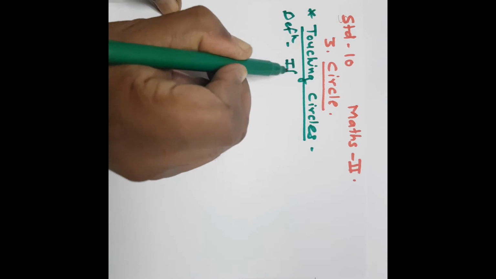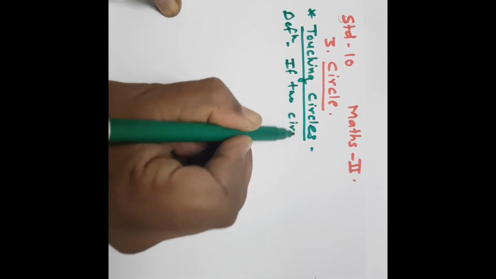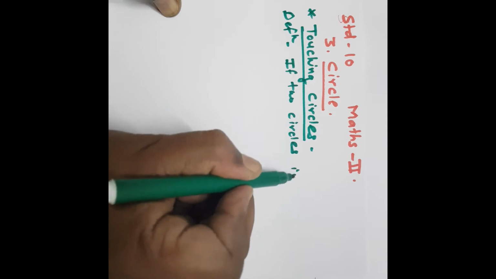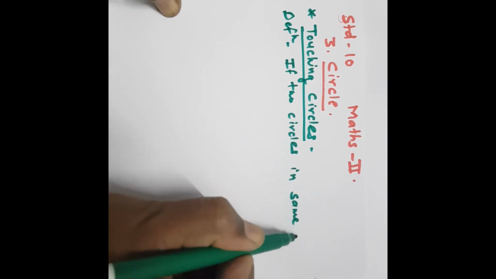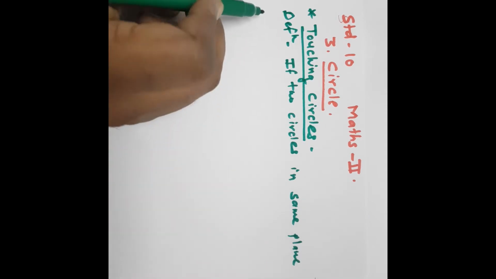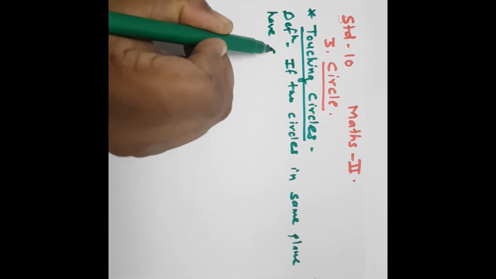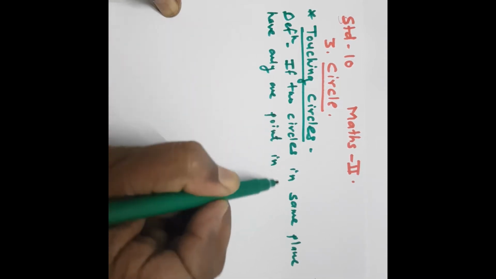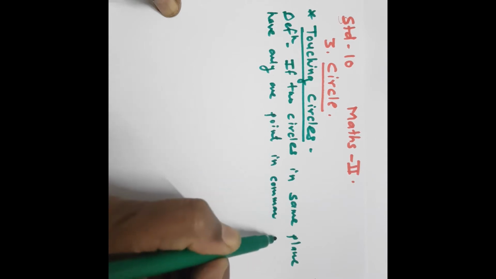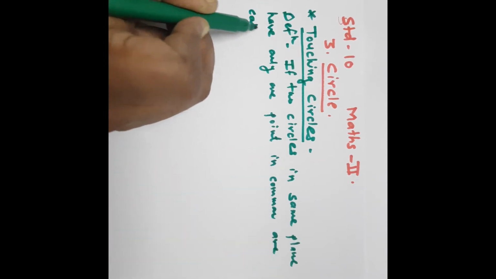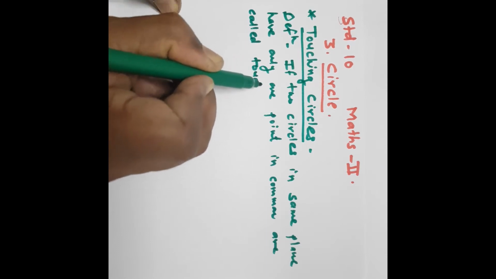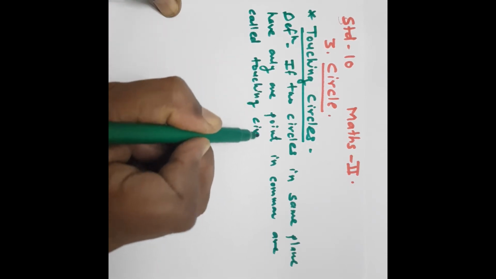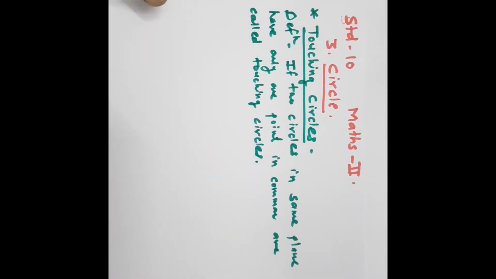If two circles in the same plane have only one point in common, they are called touching circles.